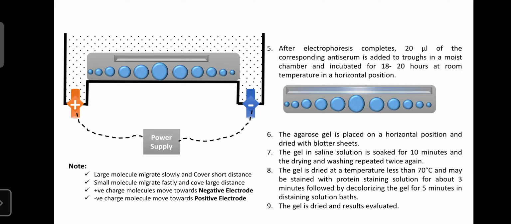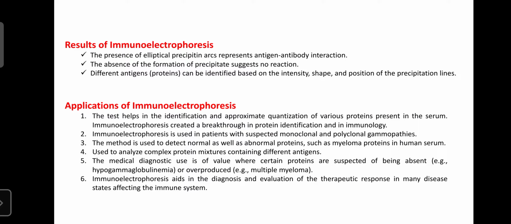So with the help of immunoelectrophoresis, various disorders can be diagnosed on the basis of antigen-antibody reactions. Immunoelectrophoresis is also helpful for identifying new proteins when a new disease emerges in society. Doctors can work on that: they can separate the antigens or suppress the antibodies.